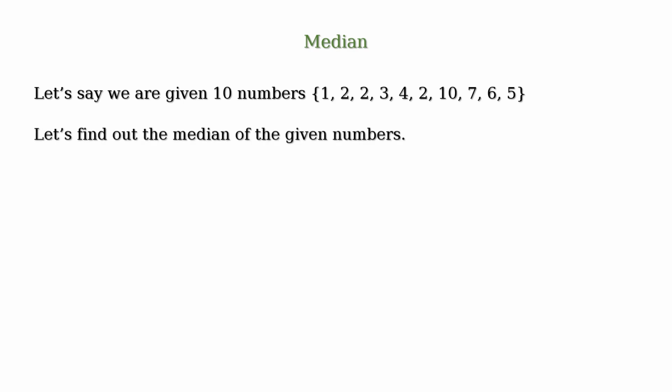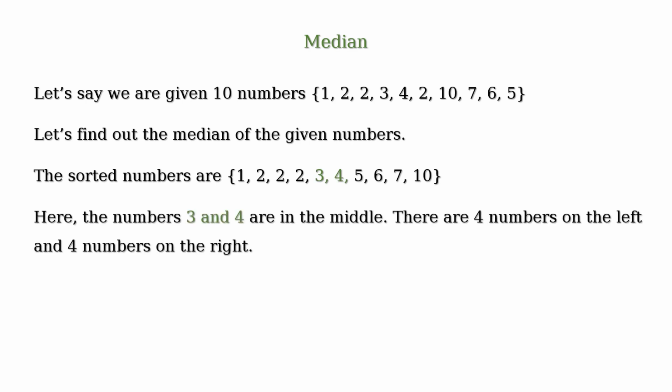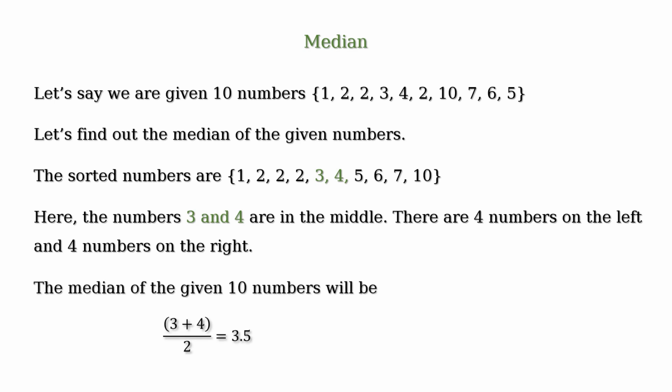So, we will sort the numbers first. The sorted numbers are this. Here, the numbers 3 and 4 are in the middle. There are 4 numbers on the left and 4 numbers on the right. Therefore, the median of the given 10 numbers will be 3 plus 4 by 2, that is 3.5.